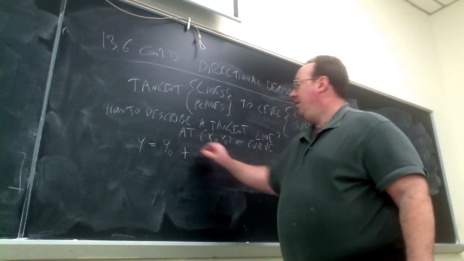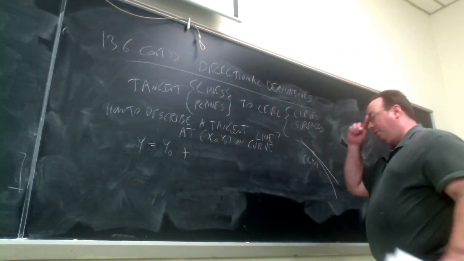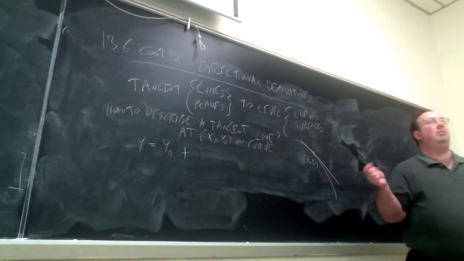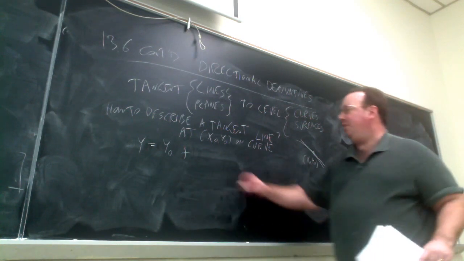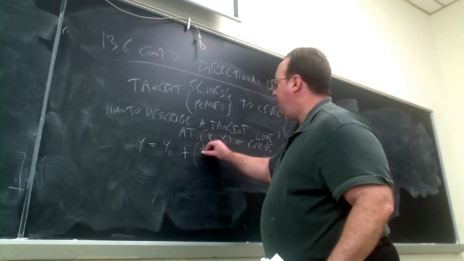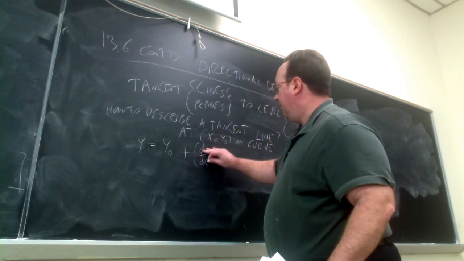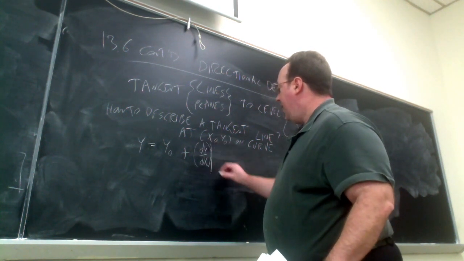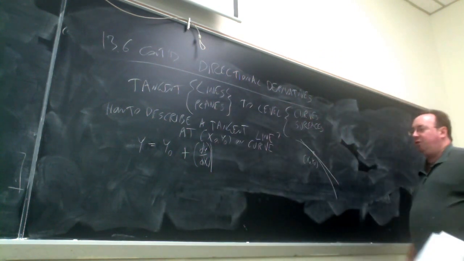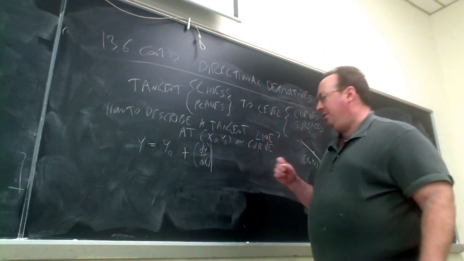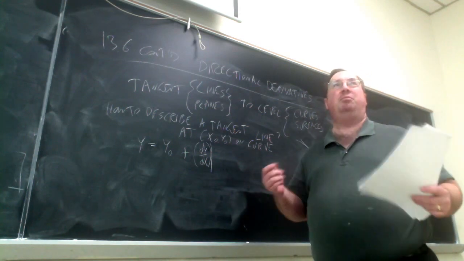And the way you describe it, first of all, what is the slope of a tangent line? Yeah, derivative. So that would be dy dx. And this notation here that's used now and then, a vertical bar, is used to indicate that we're evaluating this at a certain point.